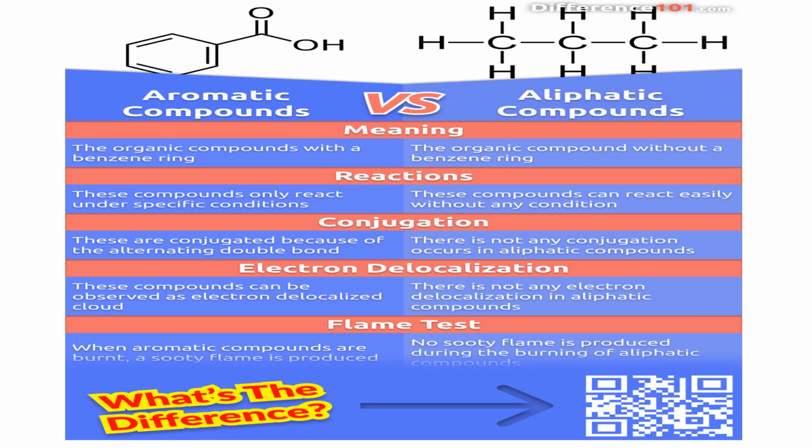Now there's a way you test in the lab if a compound is aromatic or aliphatic. Aromatic compounds will always burn with a sooty flame, while aliphatic will burn with a non-sooty flame. So these are the differences between aromatic and aliphatic compounds.